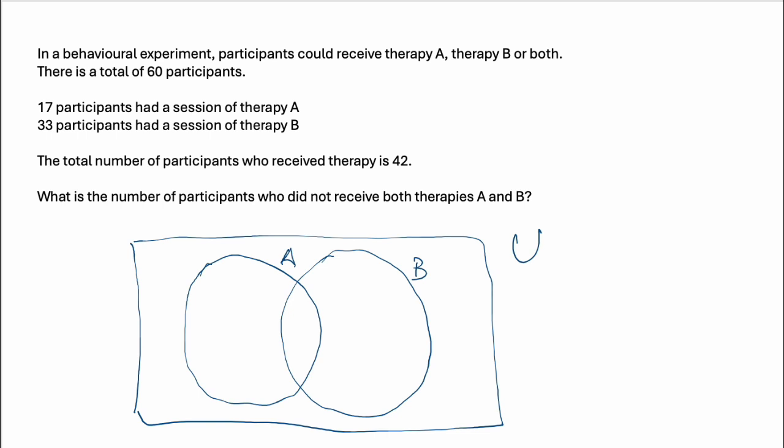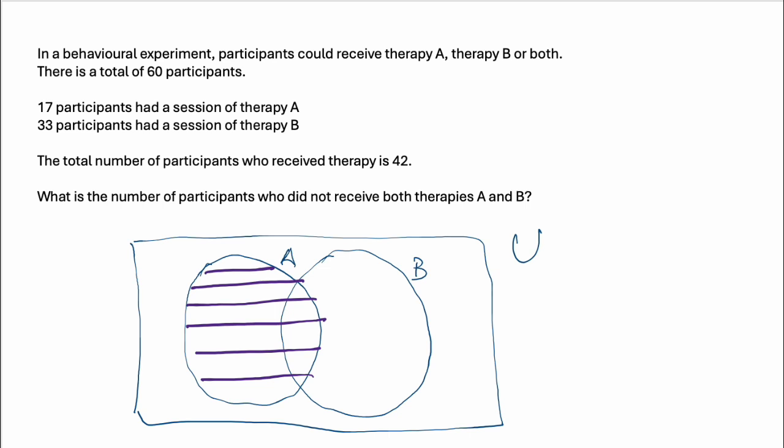First of all, the total number of participants that had therapy A is 17. So usually I have to consider that everyone that had A includes people maybe sitting in the intersection.